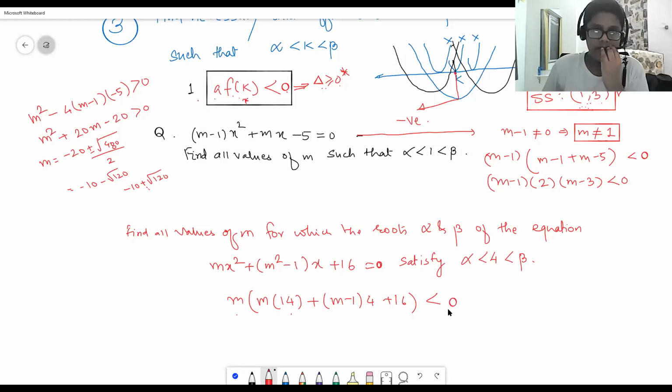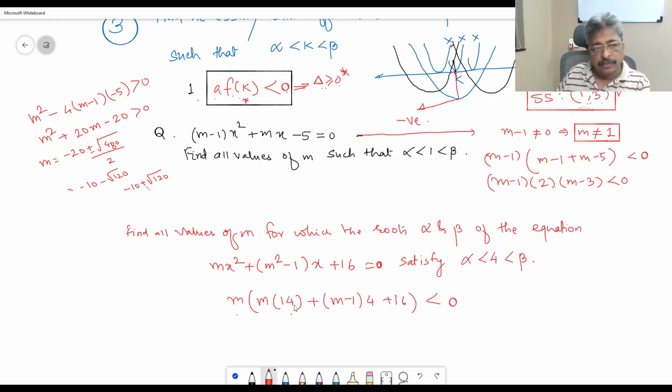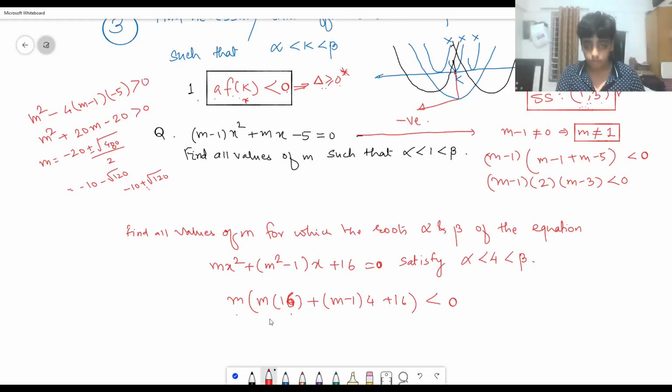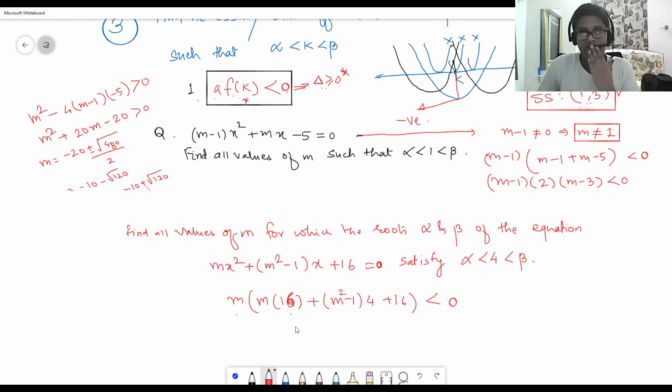Sir, it should be m into 16, and m square minus 1 times 4. You have written m minus 1. Yes, sir, m square.